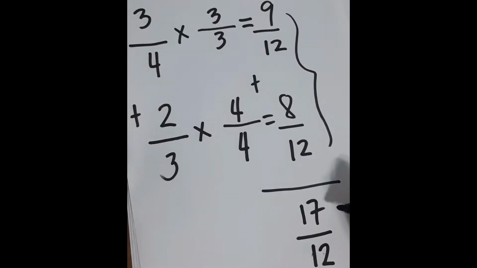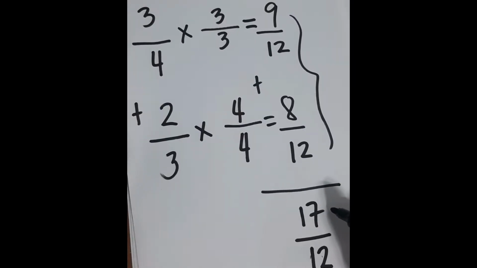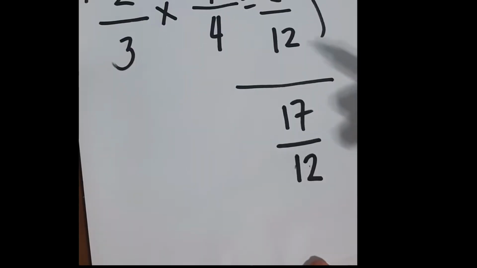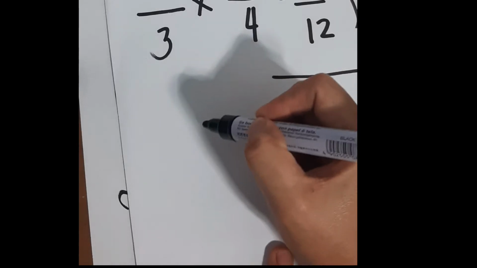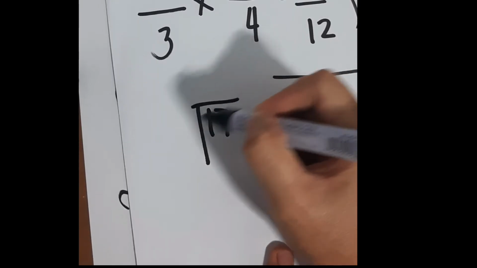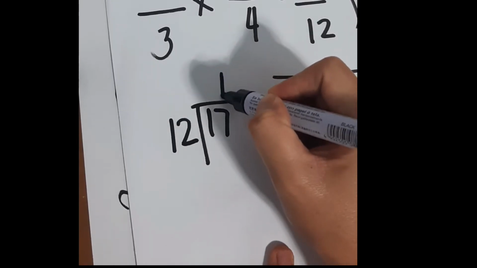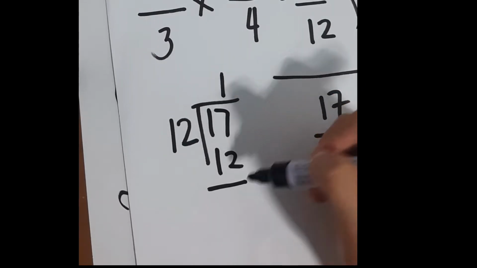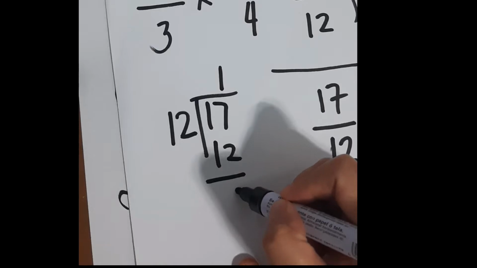So, kung mapapansin natin, improper fraction yung sagot natin. So, we can divide this to make it mixed number. So let's divide 17 divided by 12. That is 1. 1 times 12, that is 12. And then 17 minus 12, that is 5.